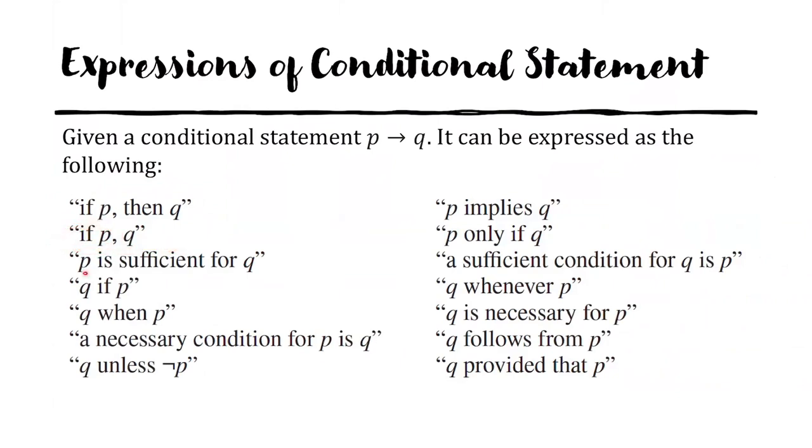And you can have P is sufficient for Q. So in order for Q to happen, you need to have P. This means if P happened, Q will happen.